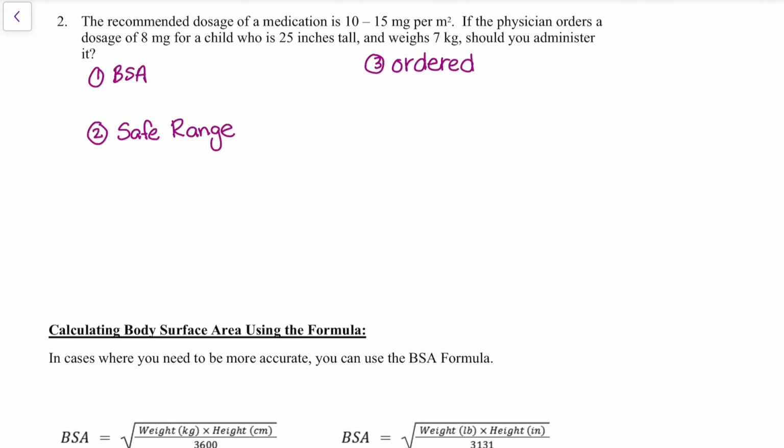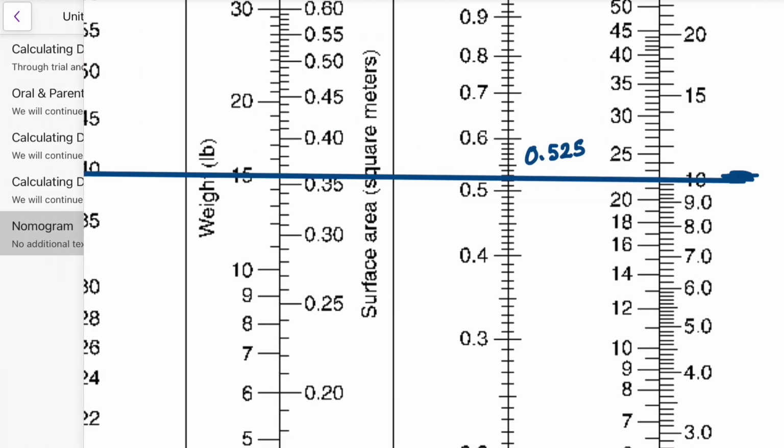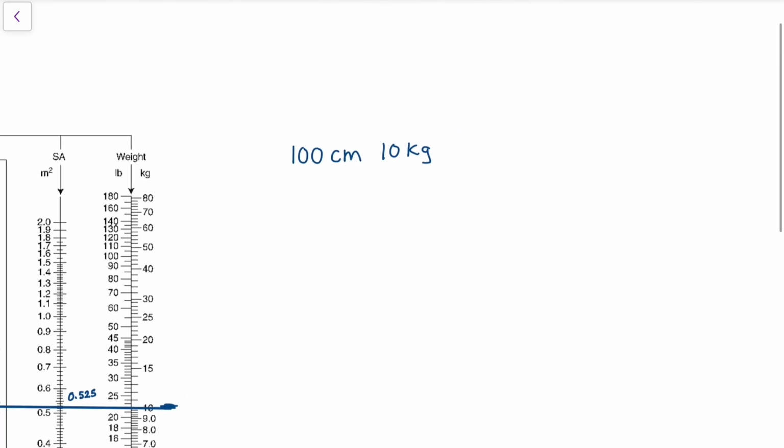So let's look at our body surface area using the West Nomogram again. For 25 inches and 7 kilograms.